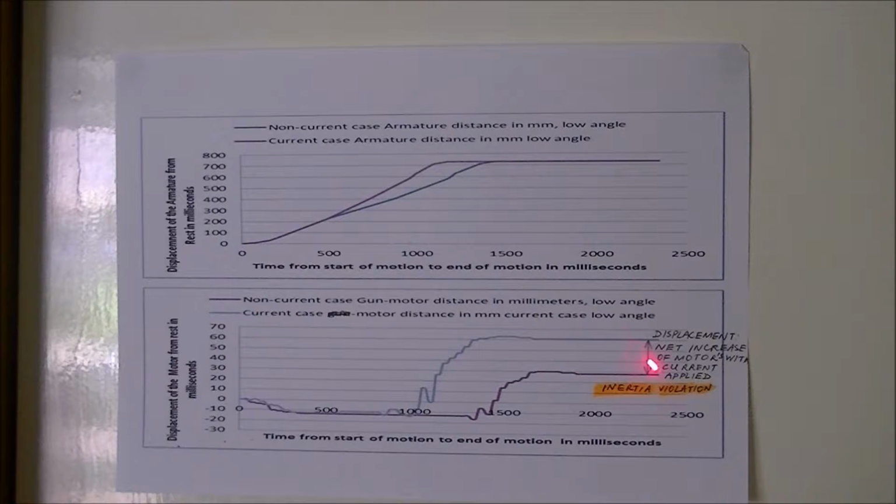When you are putting on the current, it is moving forward by this distance more than it did for the case when it was purely the non-current case where gravity was pushing it forward. And here both gravity and the electricity have combined to give a net displacement of 30 millimeters or so.